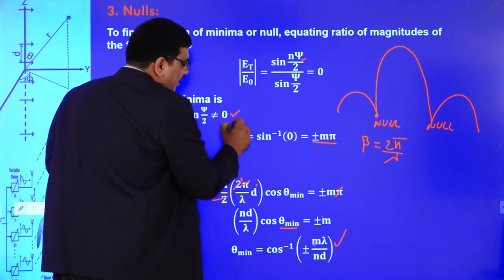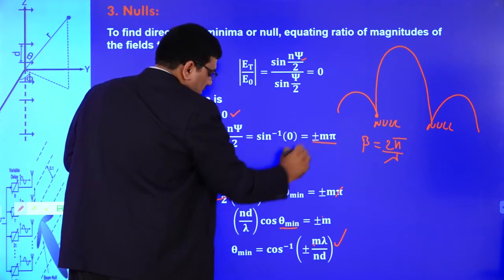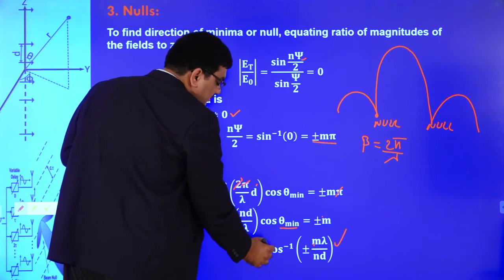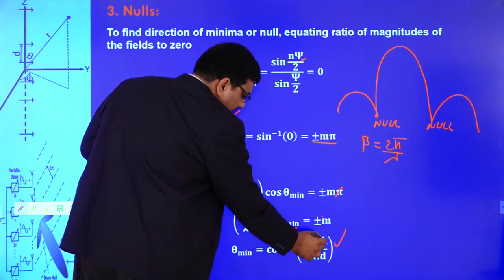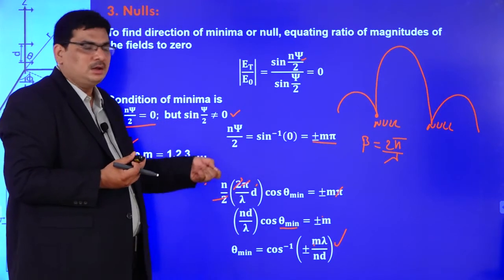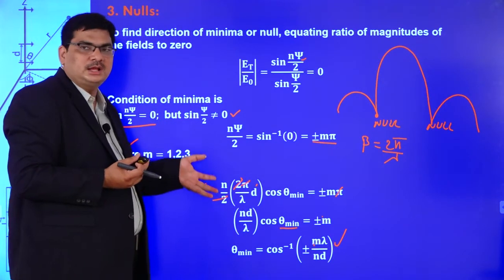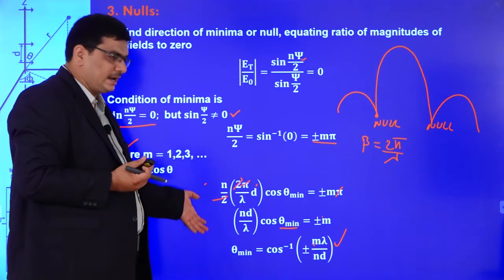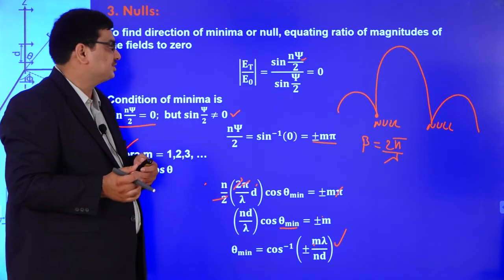So substitute the ψ value here and find the θ minimum, that is cos inverse of plus or minus mλ by nd. If you substitute m equal to 1, 2, 3, like that, you get different minima conditions.